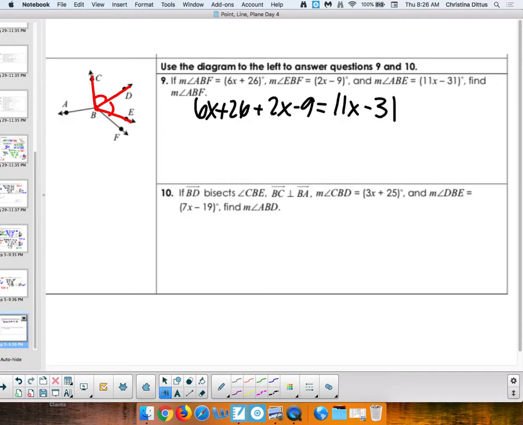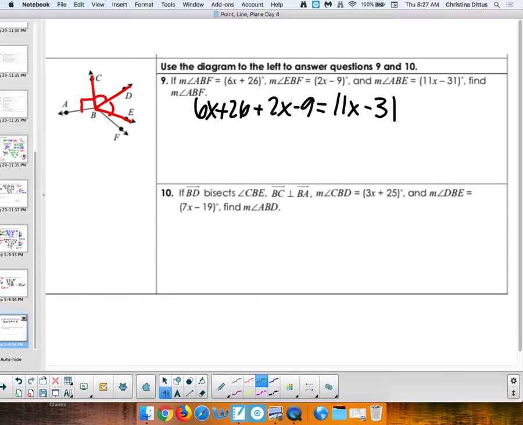It also tells me BC is some wacky thing to BA. What does this wacky thing mean? Perpendicular. What does it mean to be perpendicular? What angle does it make? Right, a 90, a right angle. So BC here and BA make a little box. We got a 90.